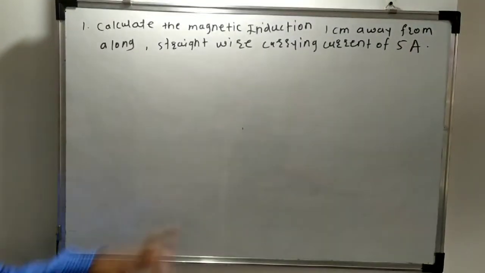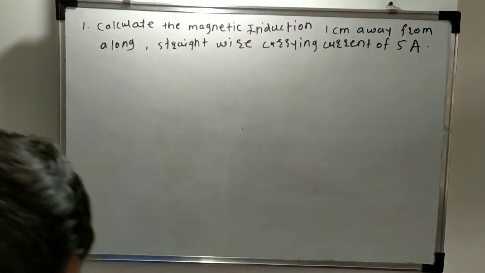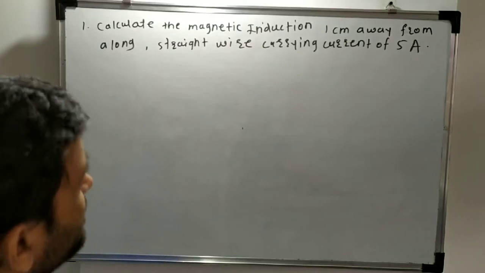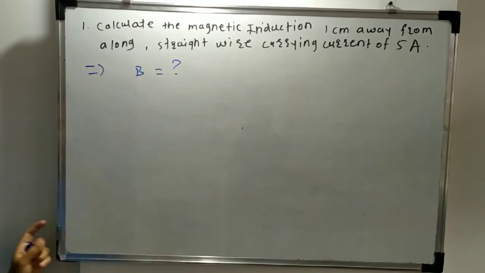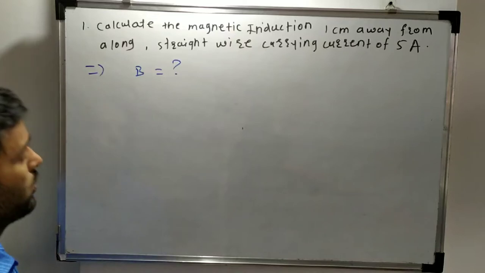What are we to determine? We are going to determine the value of B. What is magnetic induction? It is denoted by B. Then the point is located at a distance of 1 centimeter.